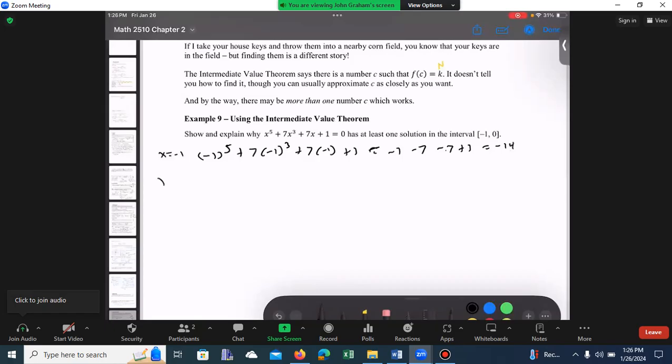Now we're going to look at x equals 0: 0 to the fifth, plus 7 times 0 cubed, plus 7 times 0, plus 1. All of these end up being 0 anyway, so you get 1.